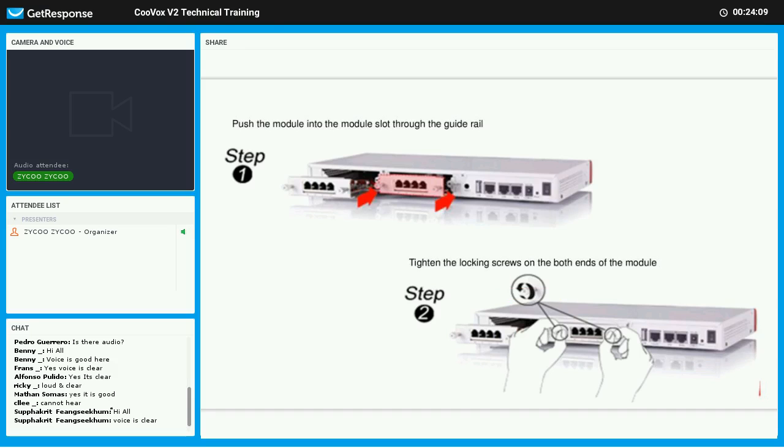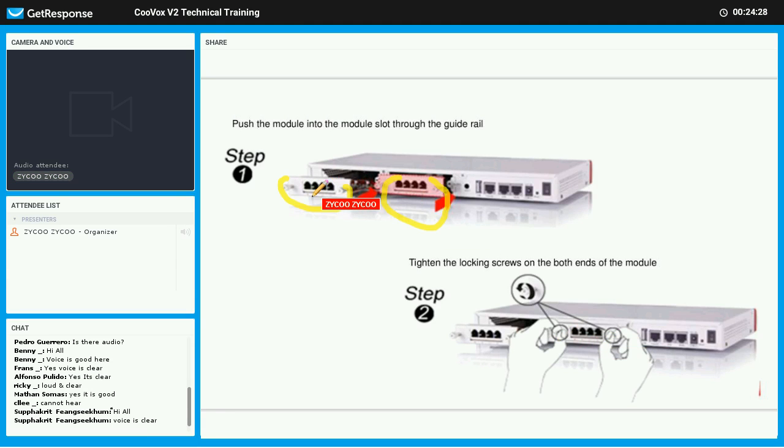So this is the back panel of the IPv6 CooVox V2. You can see the modules here, and the position of how you can fit this screw.